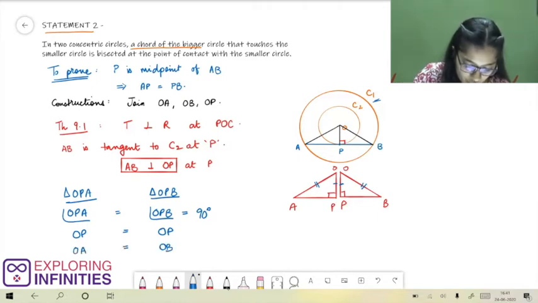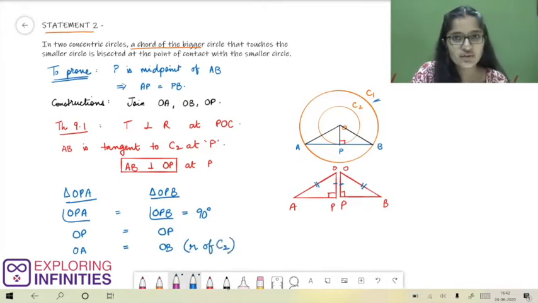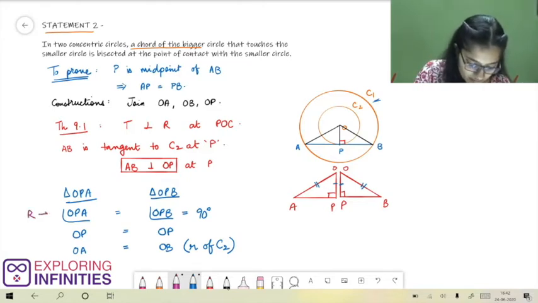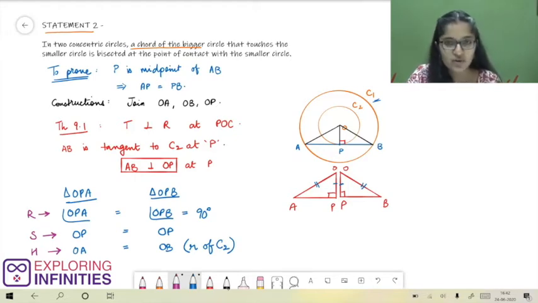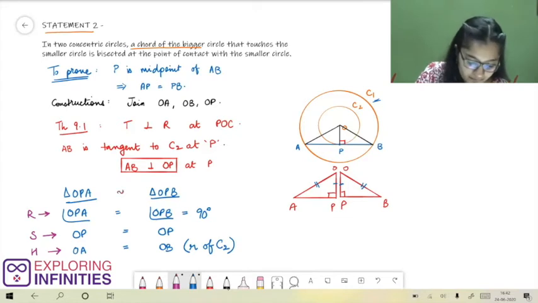OA is equal to OB since they are radii of circle C1. Here we can notice that we have a right angle, hypotenuses of equal length and sides of equal length. That means, according to RHS congruency axiom, we can say that triangle OPA is congruent to triangle OPB.